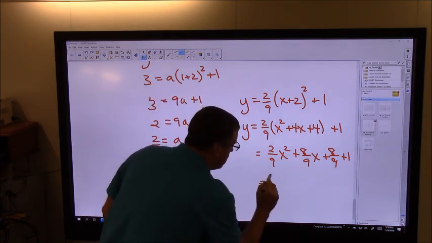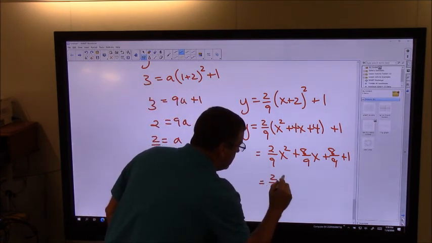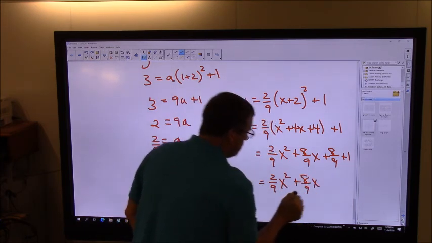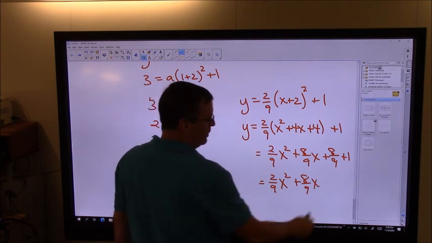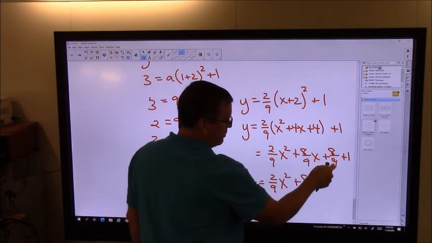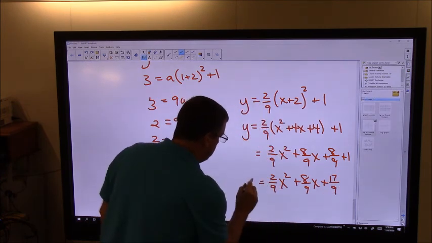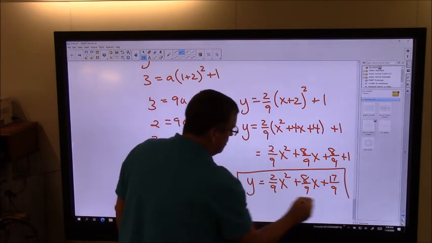And so my final equation is going to be 2/9 x squared plus 8/9 x. Make sure those x's are real big. This will be 9/9 plus 8/9. That's 17/9. There it is.